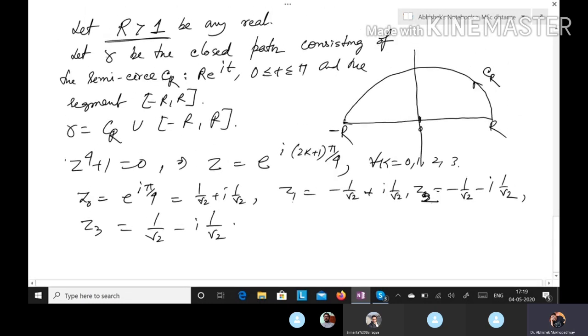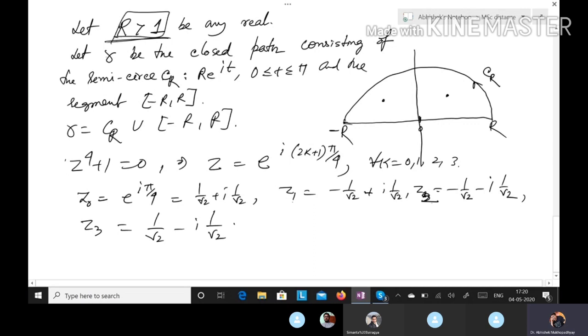If we place these roots on this picture, you will find that 1 by root 2 plus i 1 by root 2 and minus 1 by root 2 plus i 1 by root 2, these two roots, will be inside this path that we have defined, since R is greater than 1.